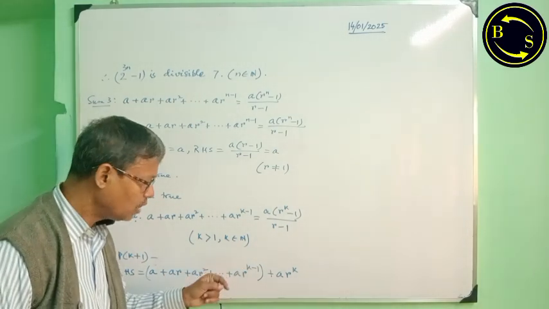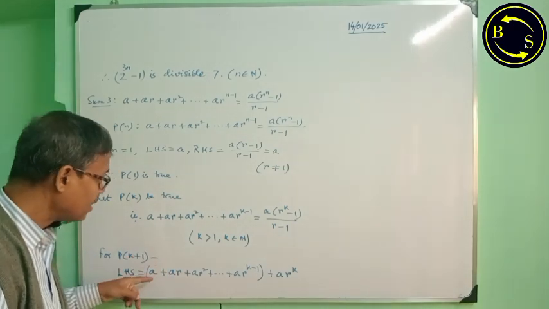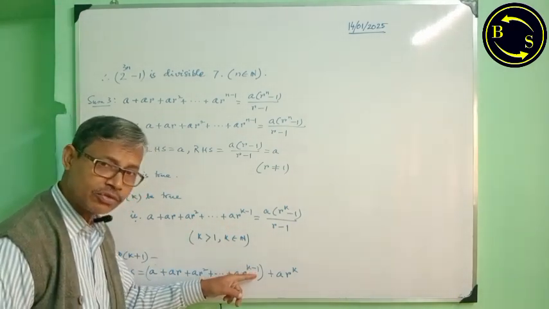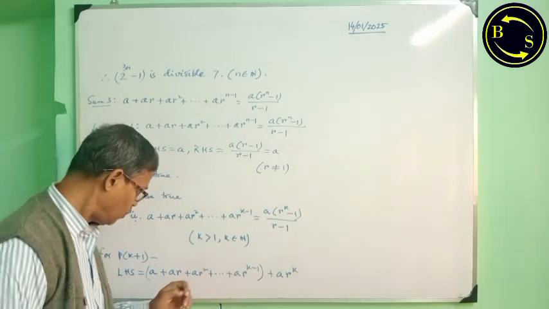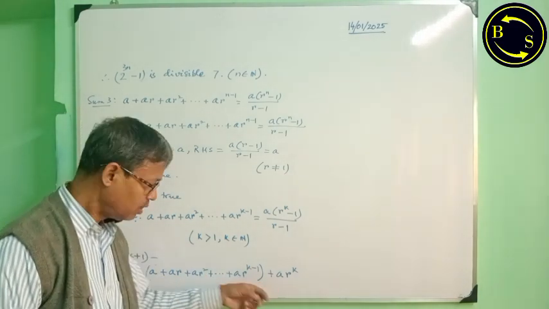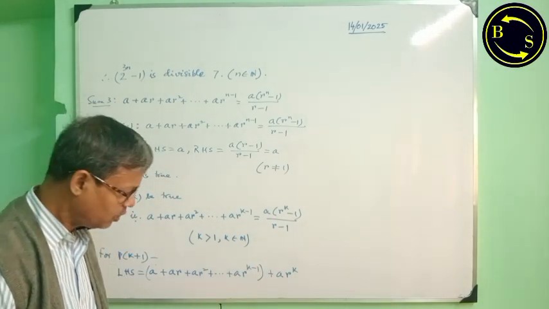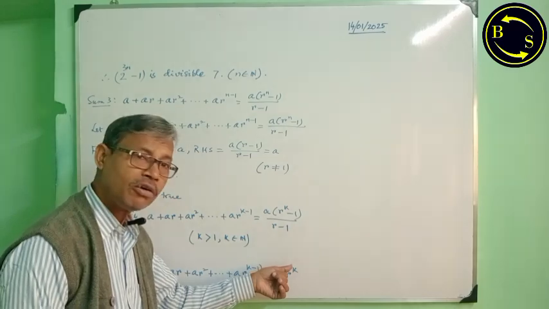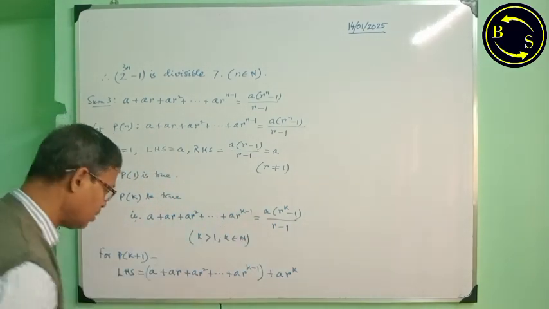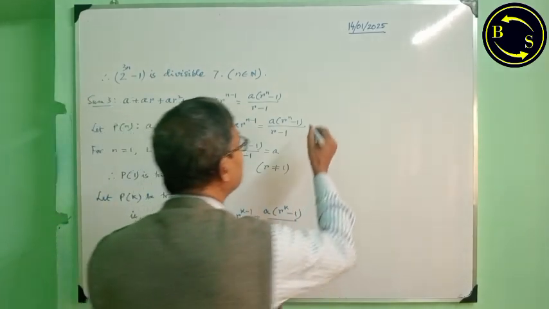When k terms are there, power of R is k minus 1. Then for k plus 1 terms, we have to add this one. That means this power will be increased by 1. That is why AR to the power k. Now, sum of this one is this. Let me write there.